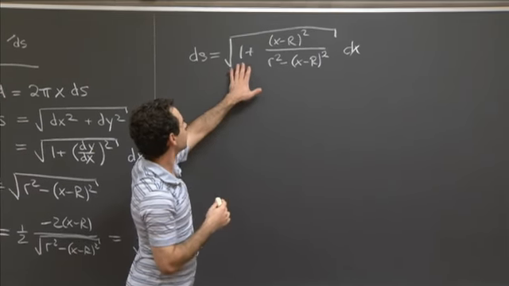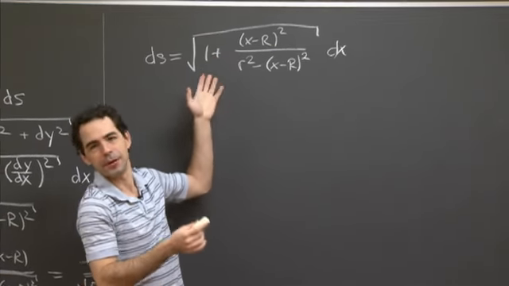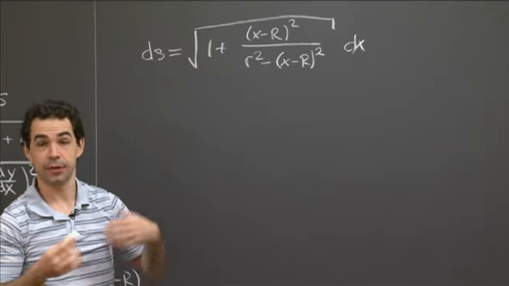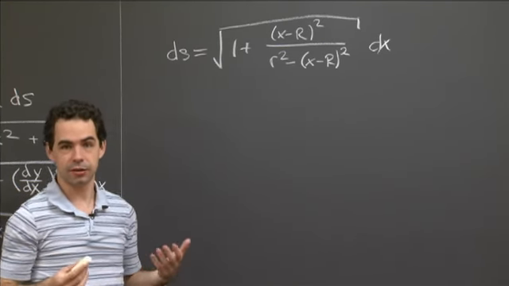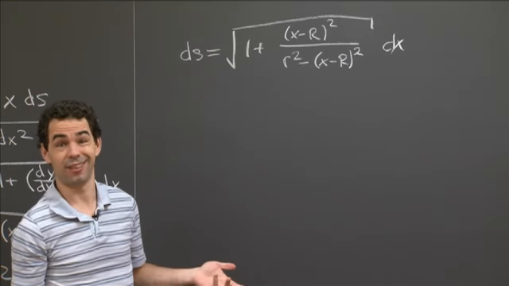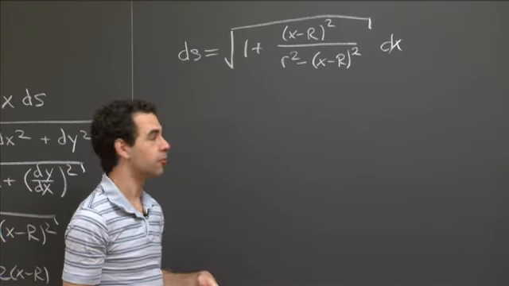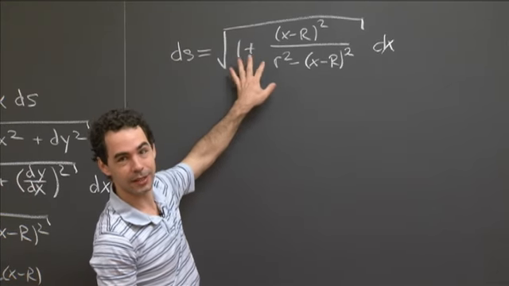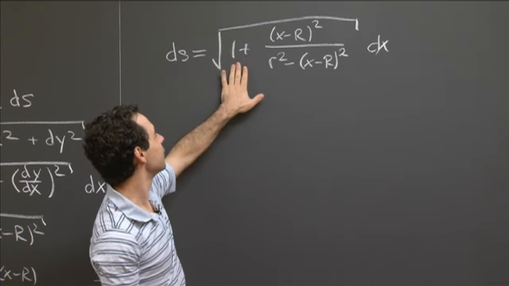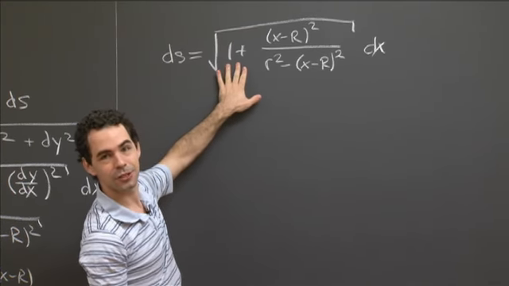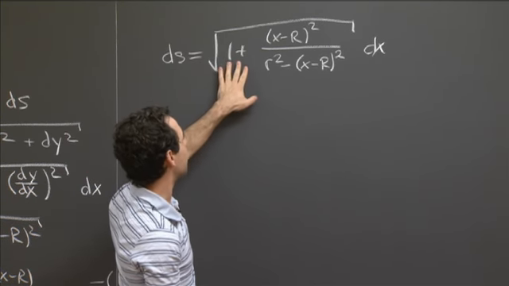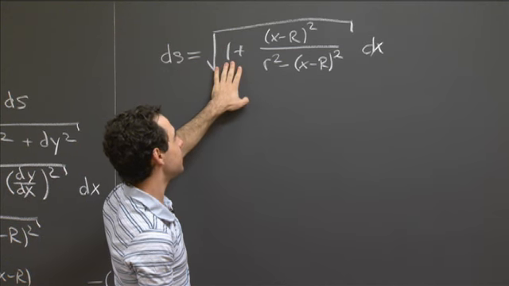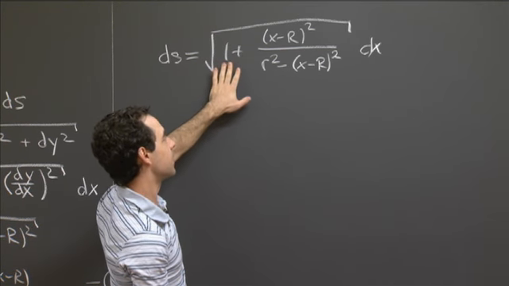Great, good. So now we add these two things together. We want to simplify this to a usable form, so we're going to manipulate it until it looks as nice as we could hope for. There's an obvious simplifying step, which is we can add this 1 into the fraction. So this is little r squared minus (x minus big R) squared over little r squared minus (x minus big R) squared.